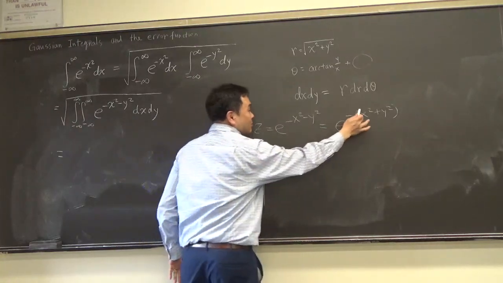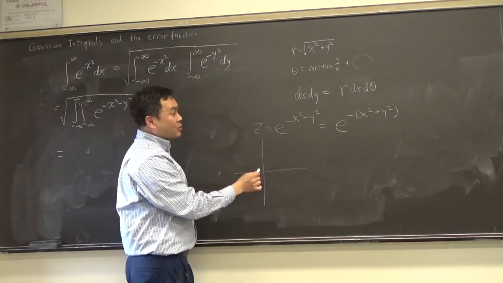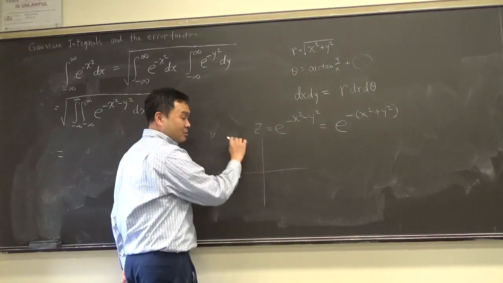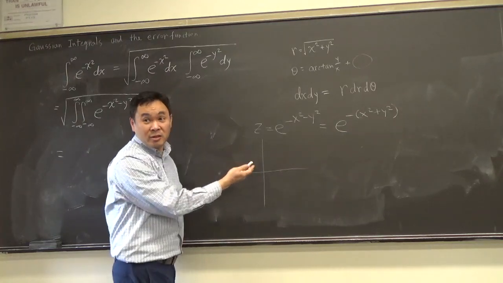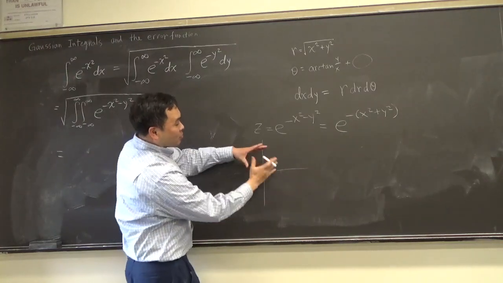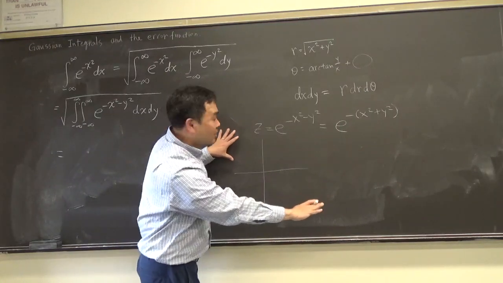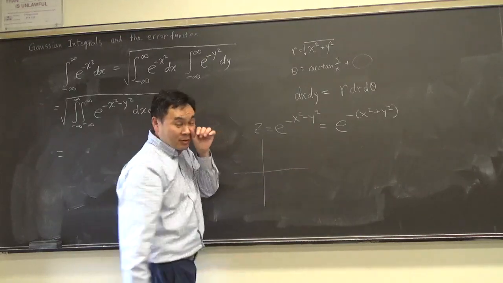When you plug in 0, at (0, 0), the height is 1. But then as soon as you increase x or y, in any direction, it goes down to 0 quite quickly, right? So you have something like a bump that goes down to 0 quickly, okay? And you're trying to take the volume under the surface.